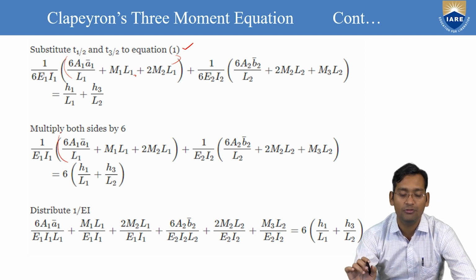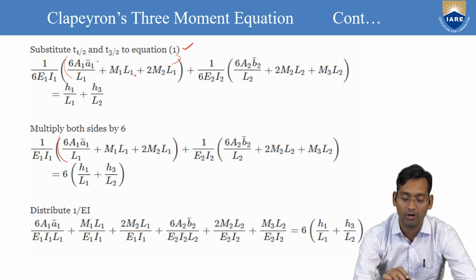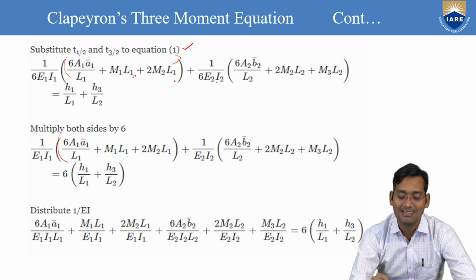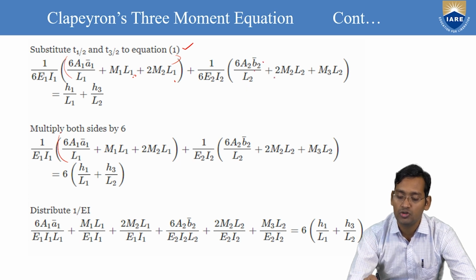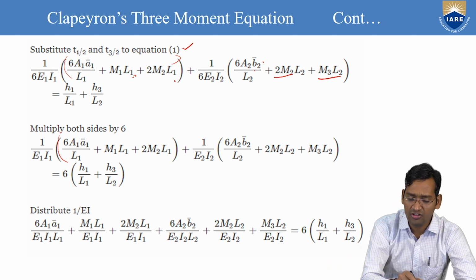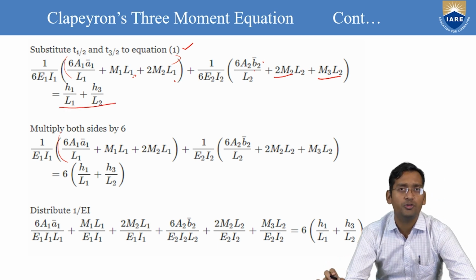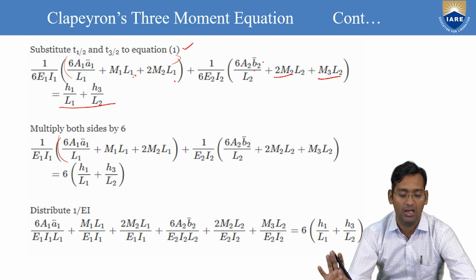So 1 by 6 E1 I1 into 6 A1, small a1, that A1 bar by L1 plus M1 L1, that 2 taken common, plus 2 after taking LCM, plus 2 M2 L1 plus, this is for the T2 to 3, sorry 3 to 2, 1 by 6 E2 I2 into 6 A2 B2 bar by L2 plus 2 M2 L2 plus M3 L2. That is equals to the right side, what was there? That is H1 by L1 plus H3 by L2, right?